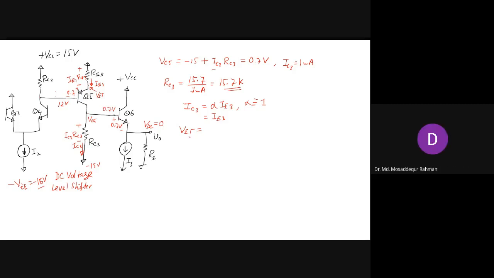So like that, how much should VE5 be? It should be greater than 12.